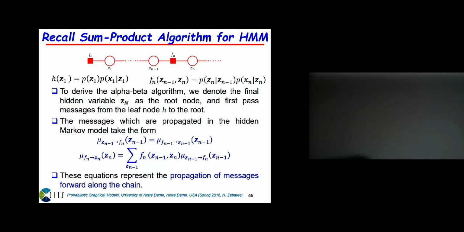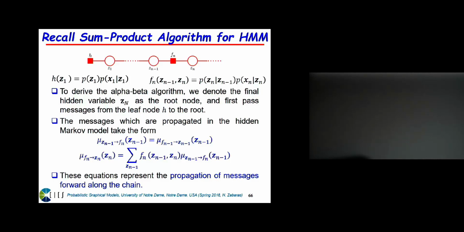All right, makes sense. Whatever comes in times the factor, and then you integrate Zn minus 1 out, and you get Zn. Now, if the variables are continuous, as will be in our problem, that summation will be an integral.